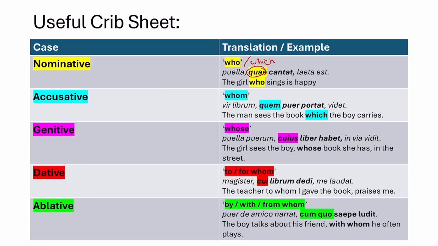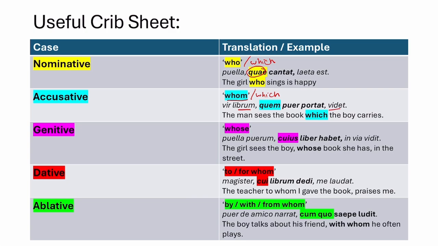Your accusative will, in true English grammar, you would translate as whom. In modern English, you would get away with translating it as who, but it's easiest to think of it as whom. If you see whom in the English when you're translating into Latin, you will know immediately it needs to be accusative. And it can also be which, as shown in the sentence.